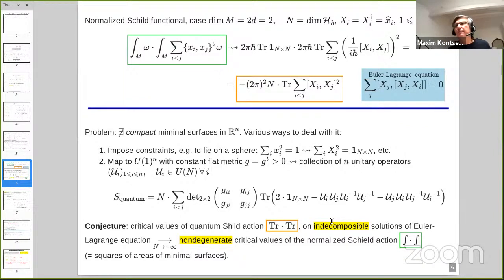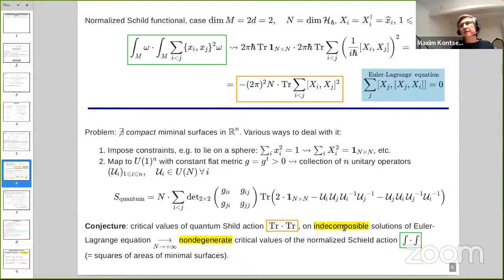I think it's really a crucial point here, because when you consider the Euler-Lagrange equation, you can make a block direct sum of 2 solutions, and it behaves badly because the action is not local. You multiply just 1 trace, but you multiply by dimension, so you can make a complete mess from these direct sums. So one should look only at the indecomposable solutions, which are not a direct sum of 2 simple solutions.